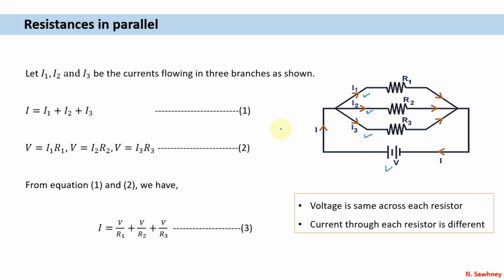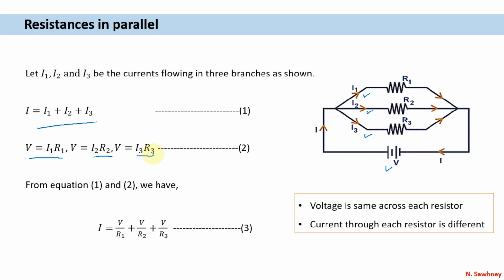The sum of all three currents will be the total current provided by the battery, that is I is equal to I1 plus I2 plus I3. Then again, according to Ohm's law, the potential difference across all three resistors is the same, so we have V equal to I1 R1 equal to I2 R2 and equal to I3 R3.